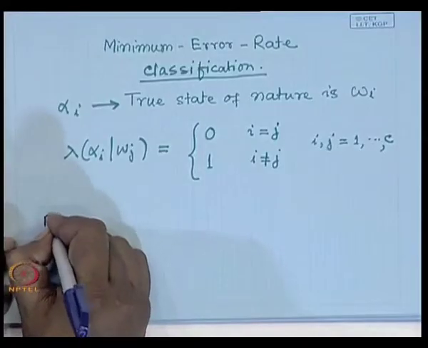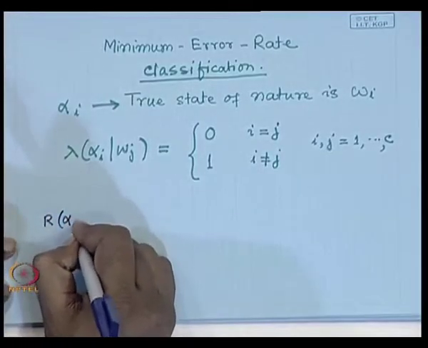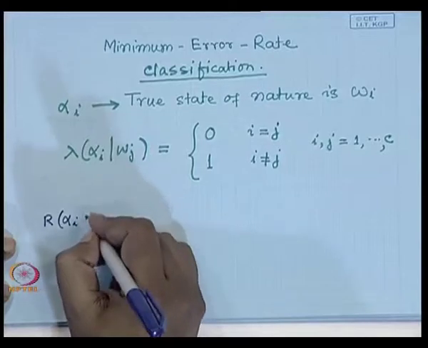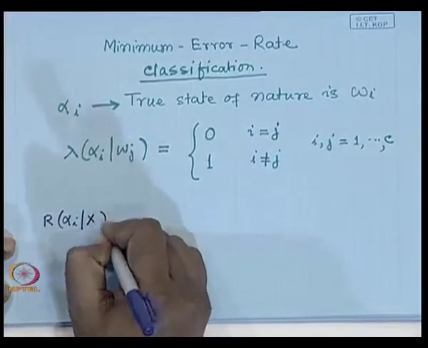So, by this definition of loss function, let us see what will be the expected loss or the risk, that is R of alpha i given x.